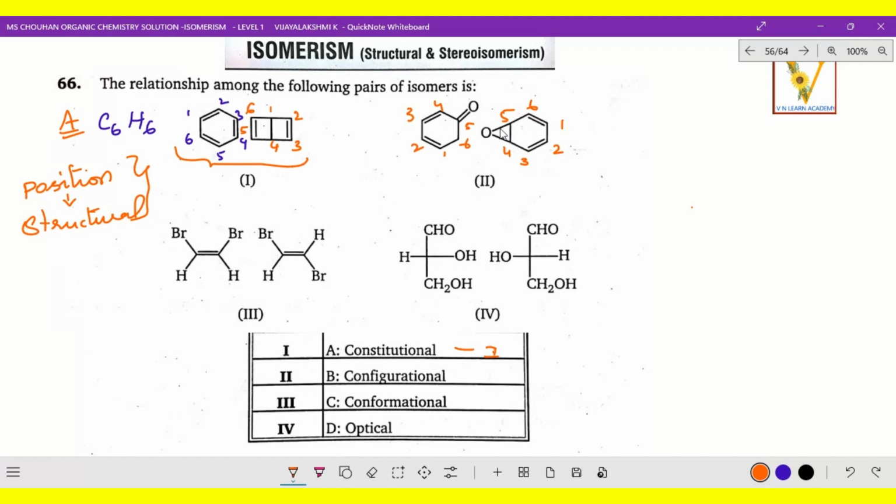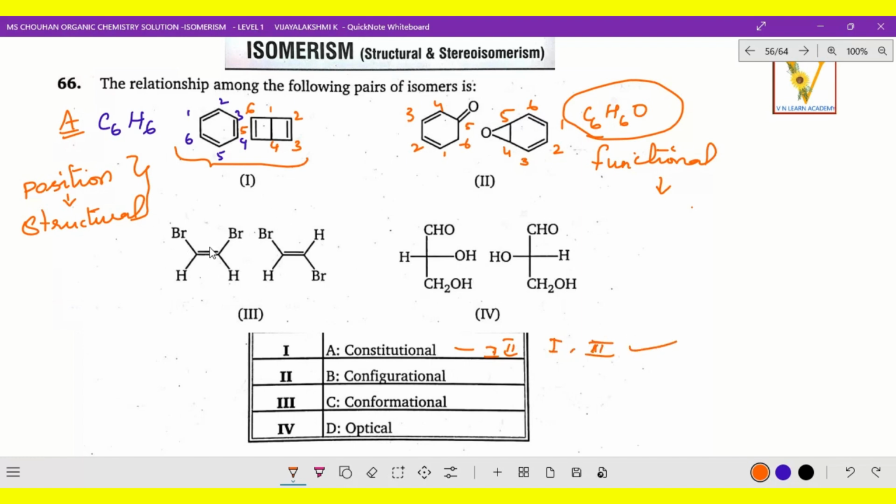So this is a functional isomer. A functional isomer also belongs to structural isomers, which come under constitutional isomers. So the first and second are constitutional isomers.